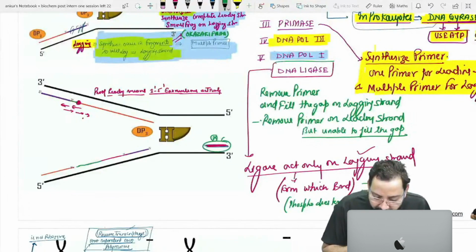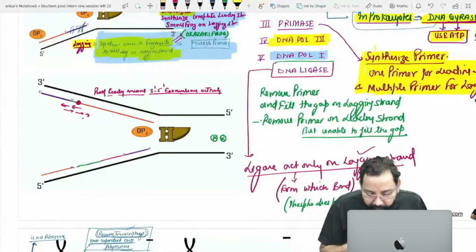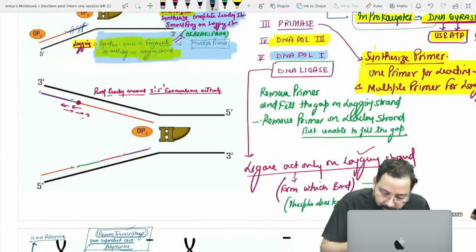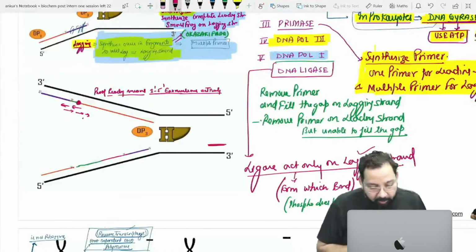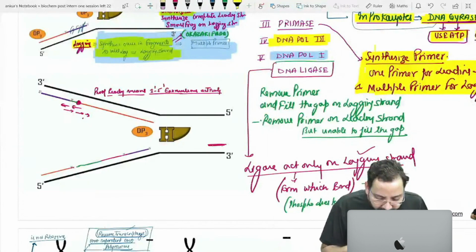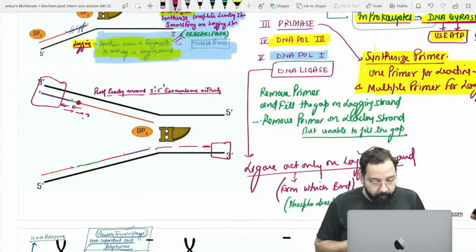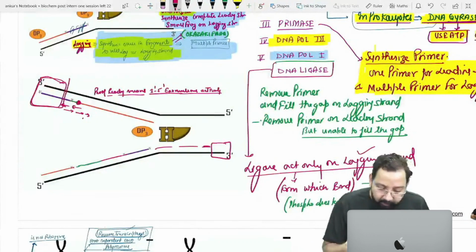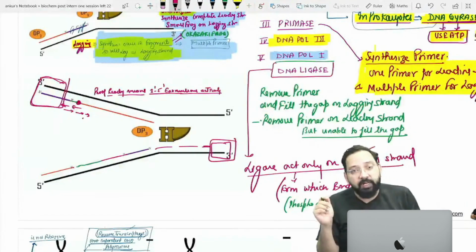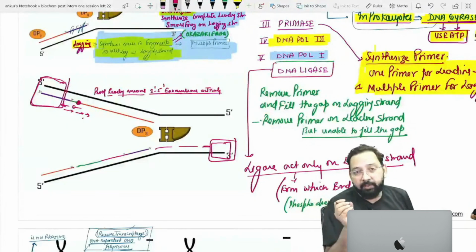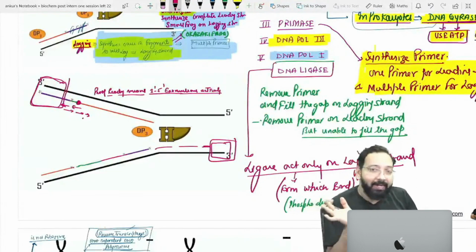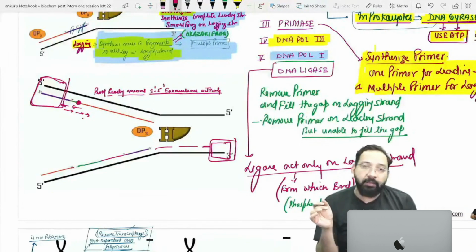When this last primer is removed, the gap cannot be filled by anyone. The last primer is removed by DNA polymerase 1, but it is not filled by DNA polymerase 1, so a small portion is lost. This end and this end, both ends, a small portion of DNA is lost, both on the leading strand and the lagging strand. Yes, this is the fact.